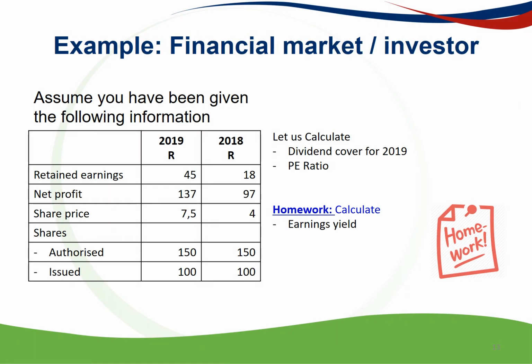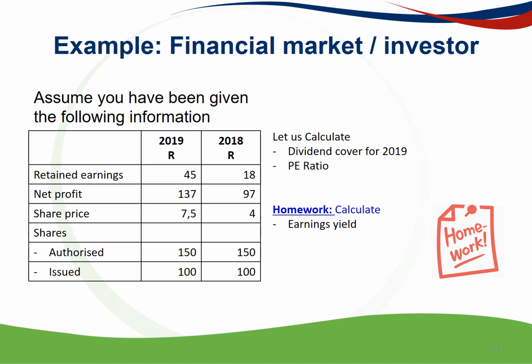We're going to look into your financial market ratios. We're going to calculate dividend cover and your PE ratio. So your dividend cover, you determine it by your net profit, which is given, and your total dividend, which is not given.